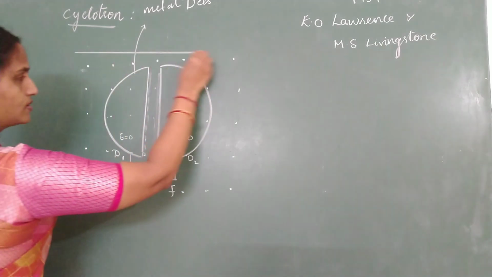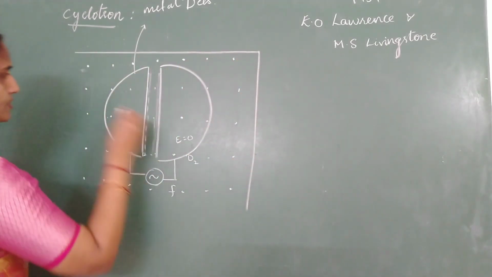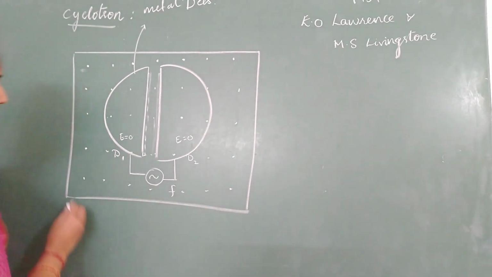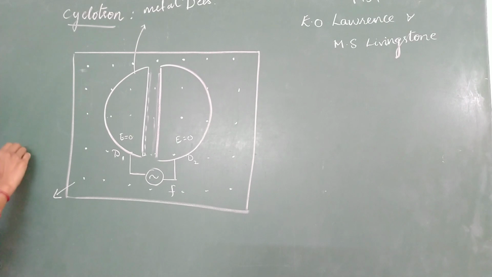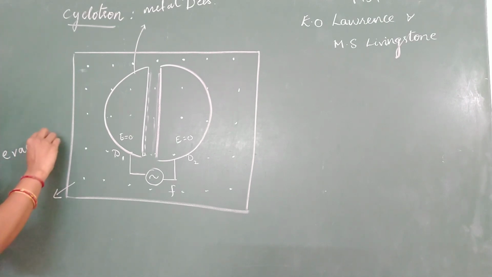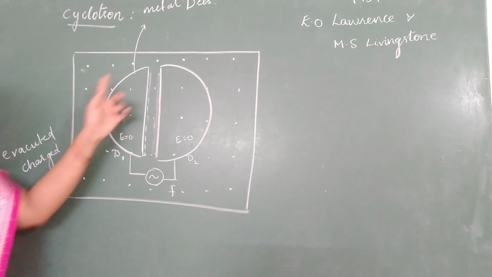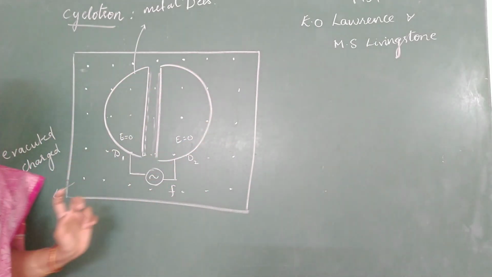Now close this apparatus in an evacuated chamber. Okay, this is an evacuated chamber so that your charged particle does not get hit by any other particles in this region.